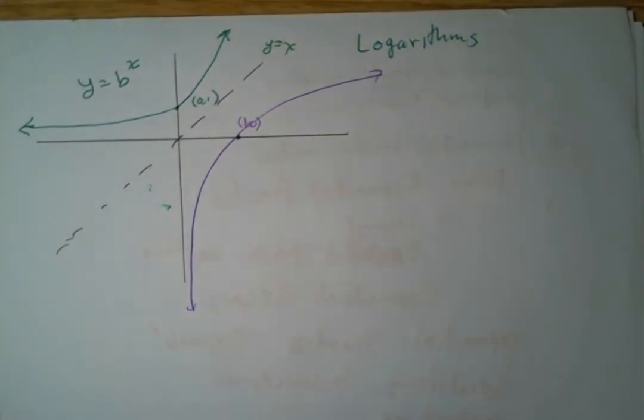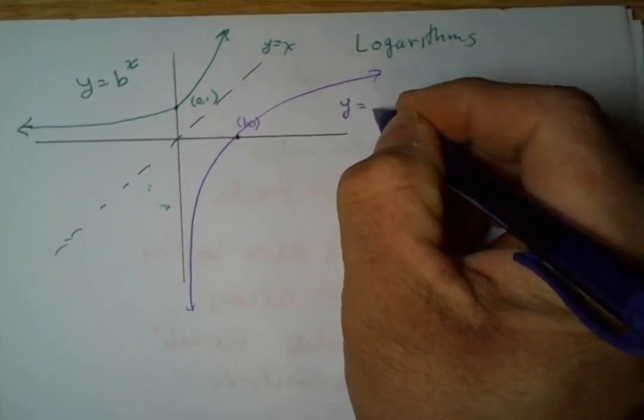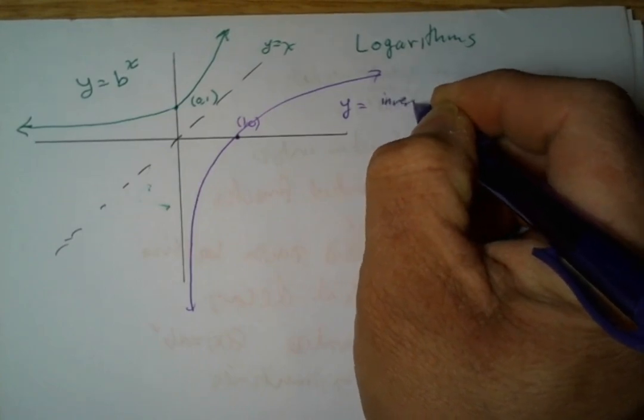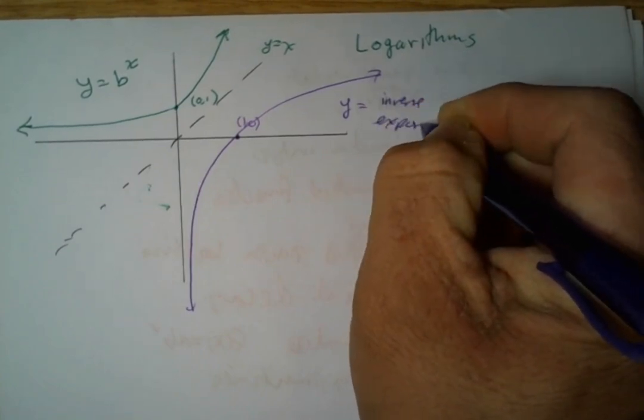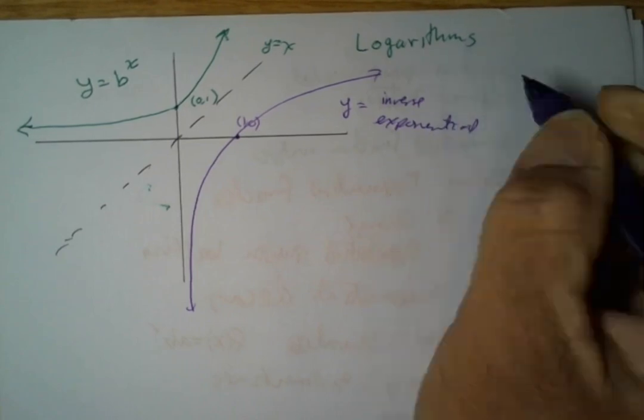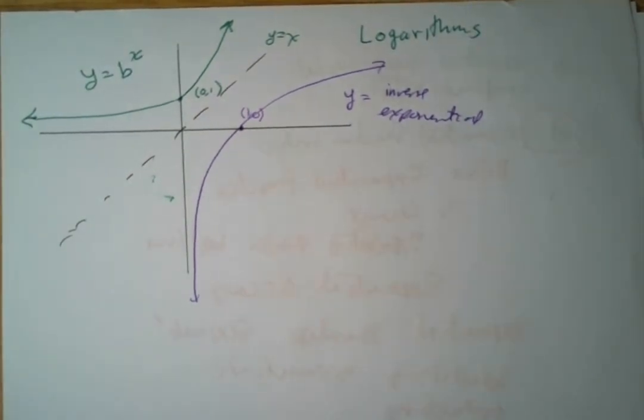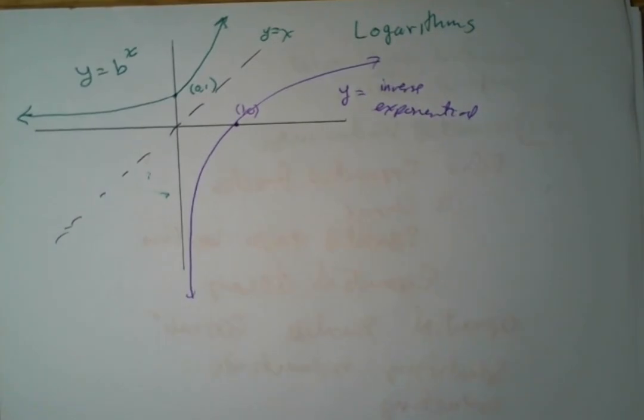It'll look something like this. And this function, which is our inverse exponential, is what we call a logarithm. So we define the logarithm as an inverse of an exponential function.